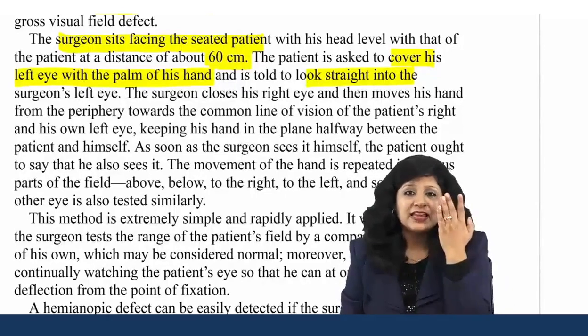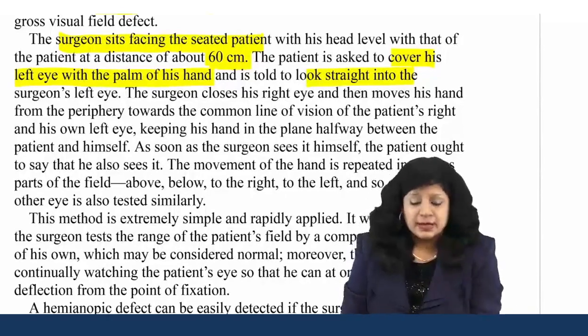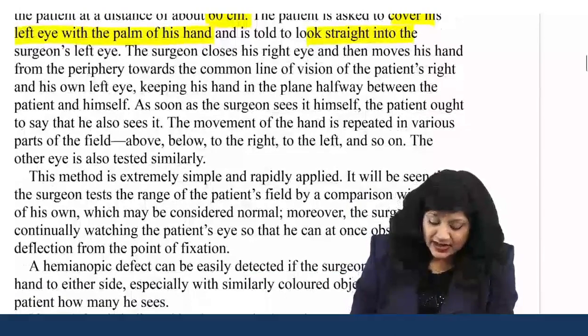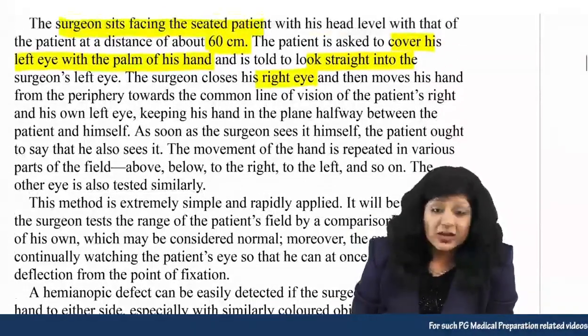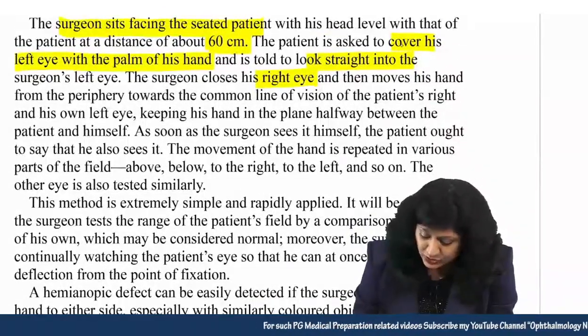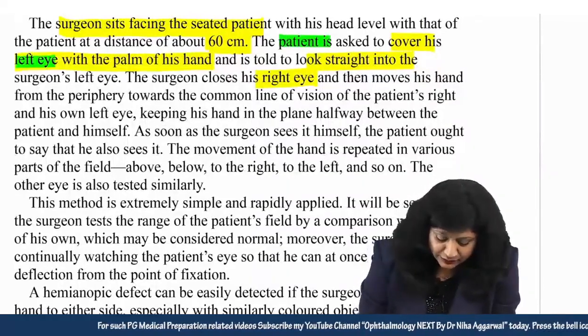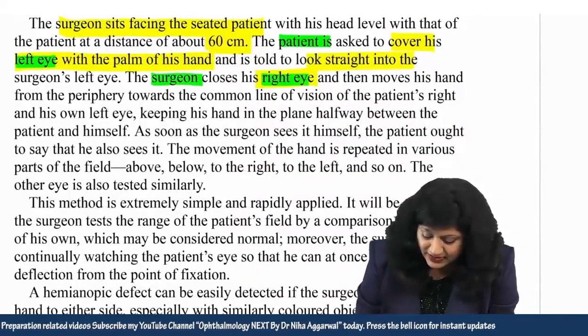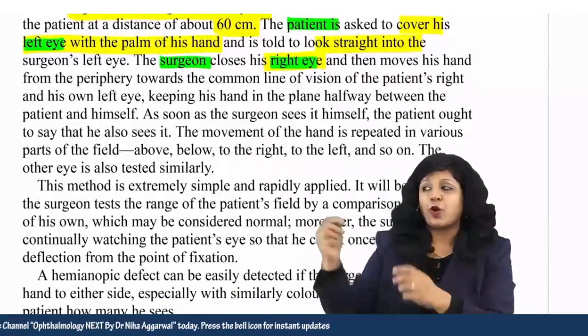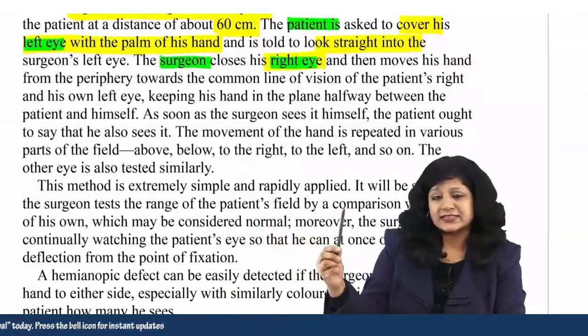The surgeon closes his right eye. Can you see opposite eyes are being closed here? The patient covers the left eye and the surgeon covers the right eye, and the surgeon moves his hand from the periphery towards the center.